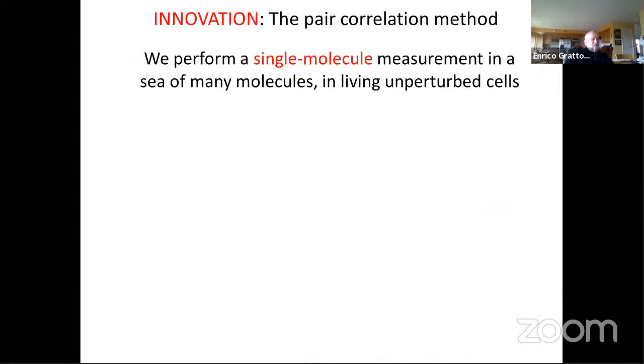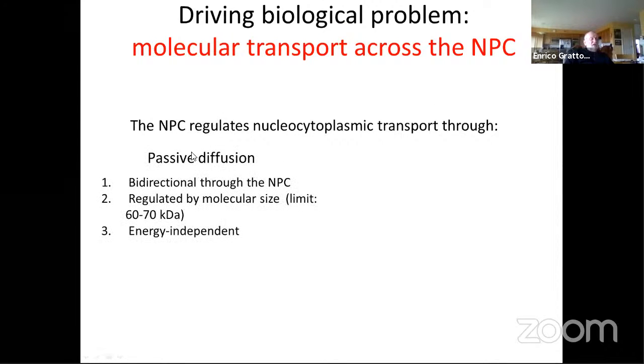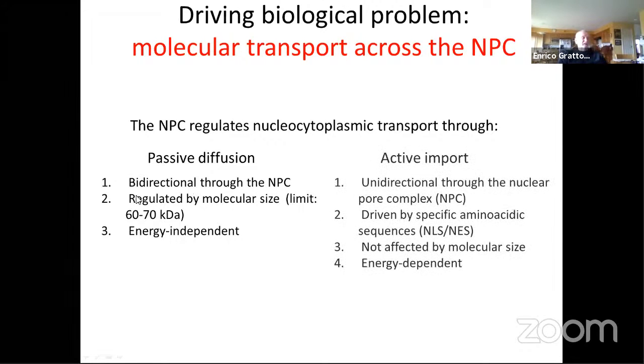Okay, so I want to understand how transport through the nuclear pore complex occurs. Passive transport, which is simply due to diffusion, is bidirectional, so it occurs in both directions, and is regulated by molecular size.